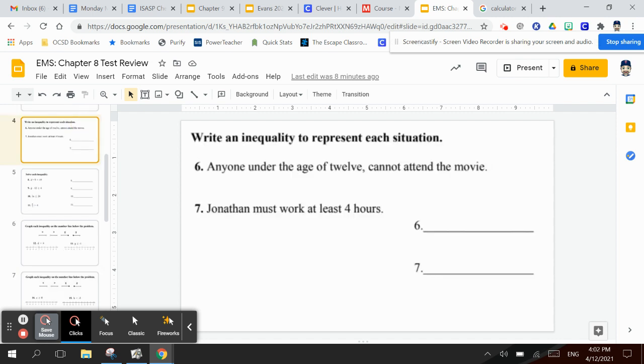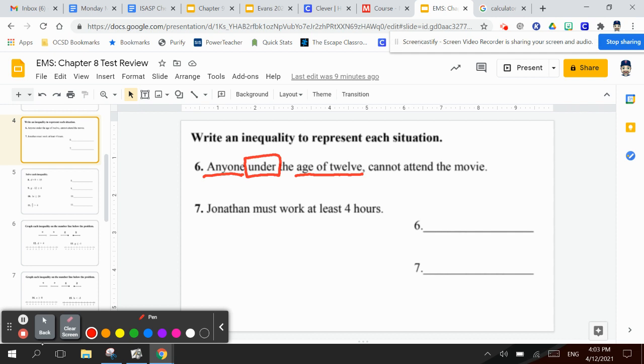Number 6 and 7, we have to write an inequality to represent each situation. So when we write our inequality, we go through and underline everything that we understand. Anyone under the age of 12 cannot attend a movie. So let's go back. Anyone under the age of 12. So age of 12, anyone, and the word in between is under.